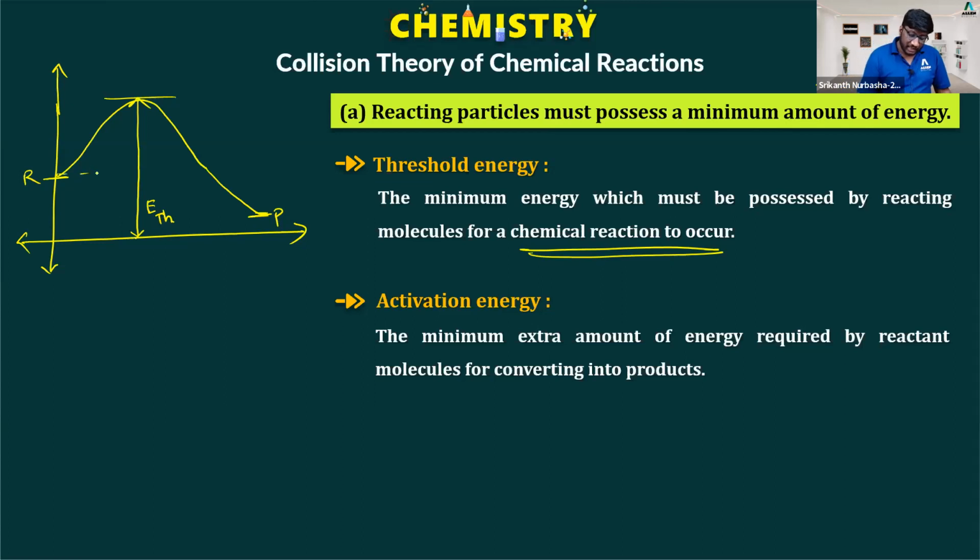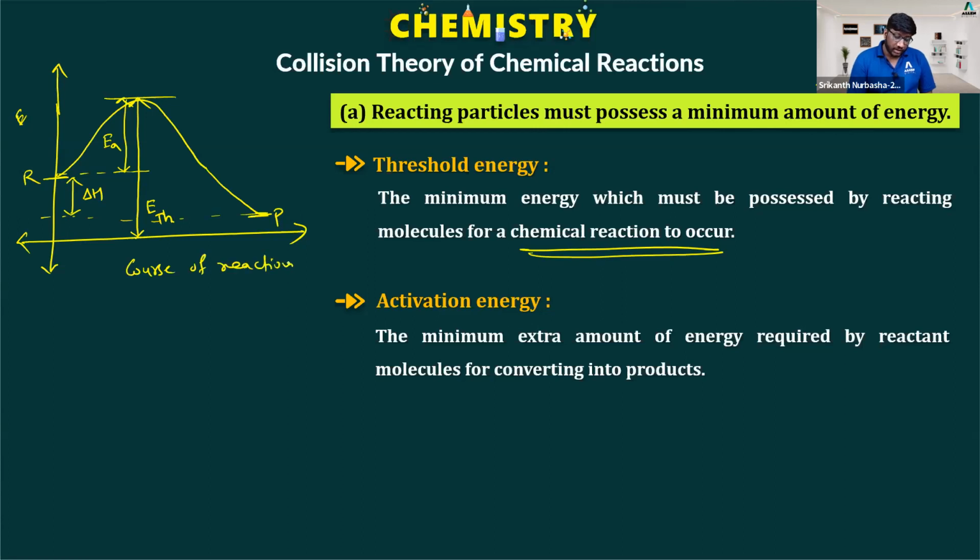From the reactants to the activated stage, whatever the energy we have is called activation energy, of course for the forward reaction. Between the reactants and products, whatever the energy we have is delta H, the enthalpy change between reactants and products. This is the energy, and this is the course of reaction.